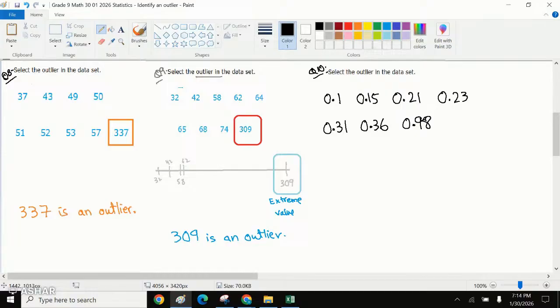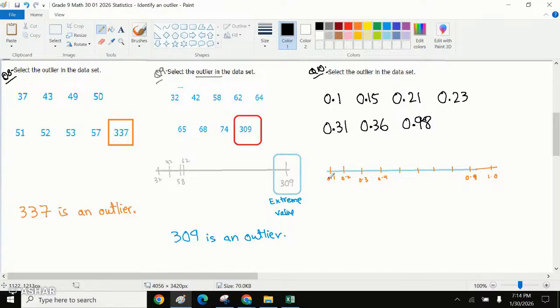Why? Because if I draw these numbers on a number line, I can say that if the first number was 0.1, this was 0.2, 0.3, 0.4, 0.5, 0.6, 0.7, 0.8, and 0.9, and this would be 1.0 over here, right?